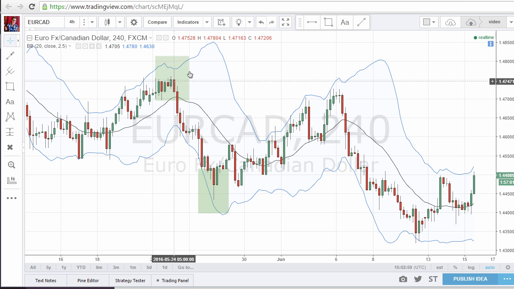Here are two critical lessons that you have to understand. First, you're not trying to call this top, and this top. Although you would get much larger profits if you were able to sell around here, this is not how reversal trading works. This is just predicting market turns, and this is a very amateur way of trading. In professional reversal trading, we look for exact clues that we are already in a new trend.